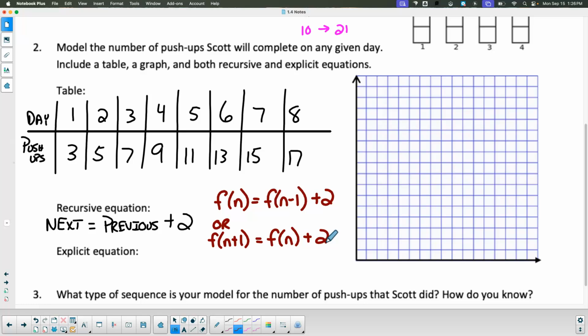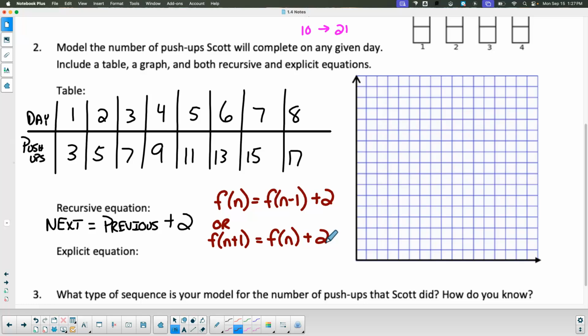Now, we've got to come up with an explicit equation. It might help us to graph it first. So let's look at the graph here. Horizontally, which of my labels am I going to put?